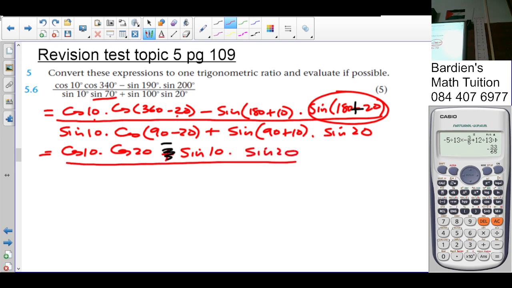That's all over sine of 10, which remains sine of 10, 90 minus first quadrant, cos is positive, changes to sine there, sine 20. 90 plus second quadrant, sine is positive, so it's positive cos 10 times sine 20. So we got cos, cos, sine, sine.